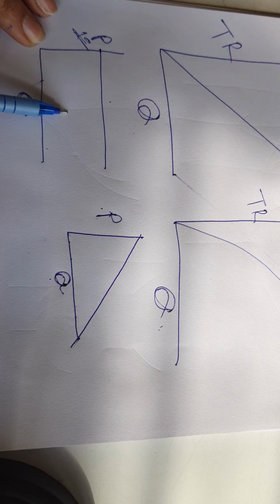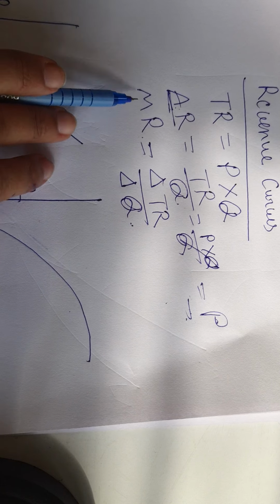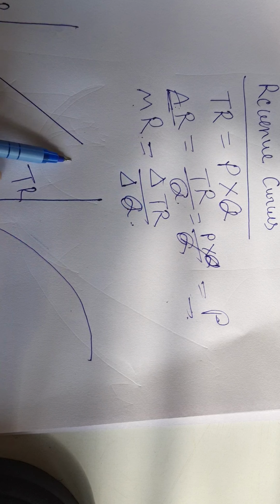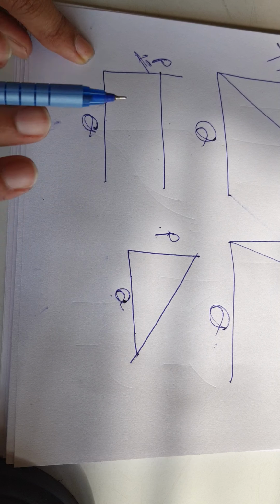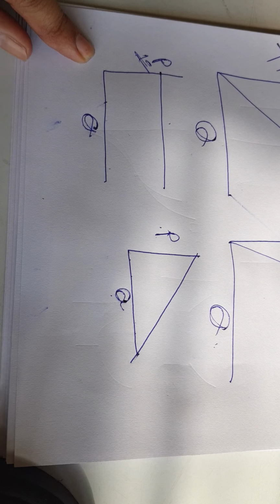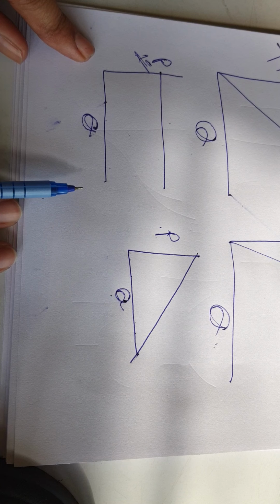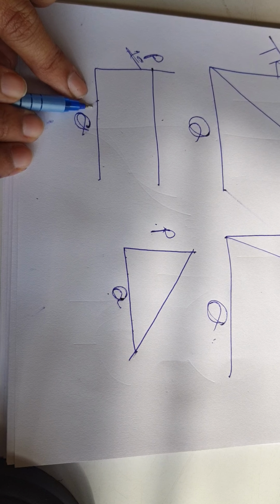Let's talk about marginal revenue. Okay, so what is marginal revenue? Marginal revenue means whenever you are selling one more unit in the market, how much change in total revenue is happening. Every time you sell one more commodity, the change in your total revenue is equal to your price. Because we assumed that the price is 10 rupees, suppose. So the first unit goes at 10 rupees, the second also 10 rupees, the third also 10 rupees.